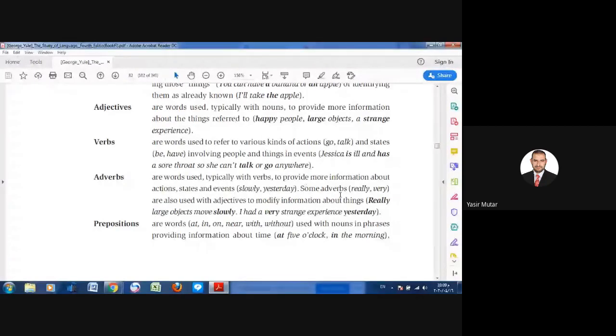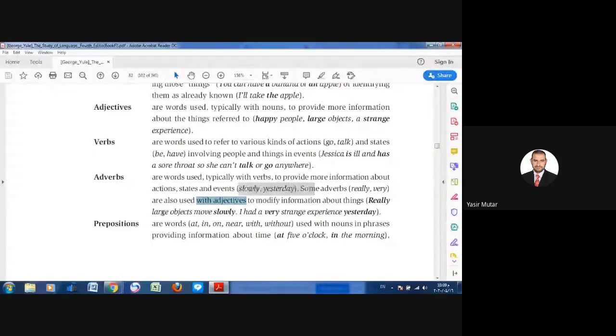Some adverbs, really and very, are also used with adjectives to modify information about things. Really large objects, so it is used with adjectives.